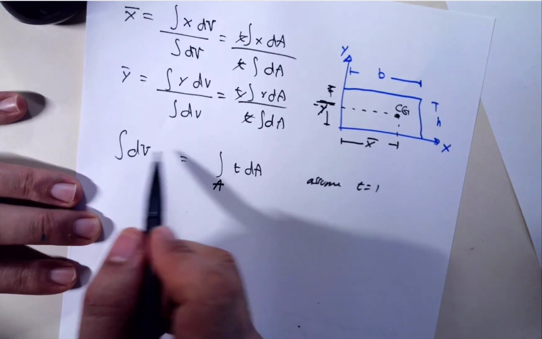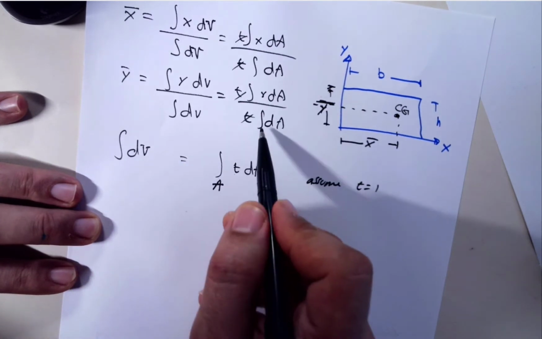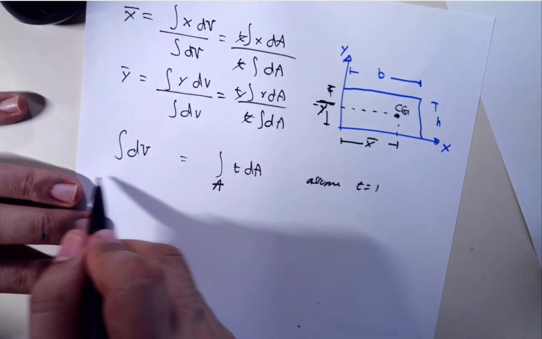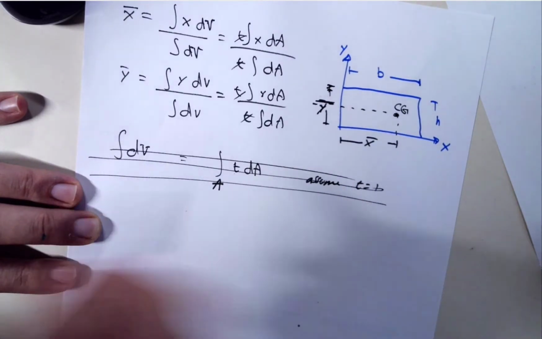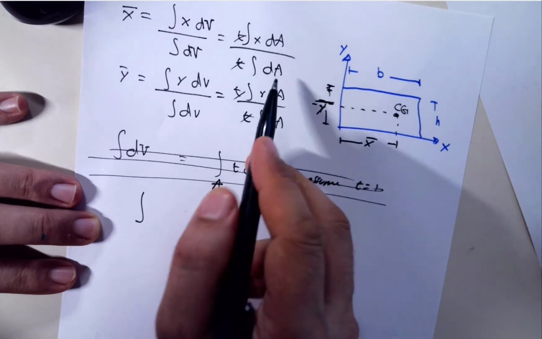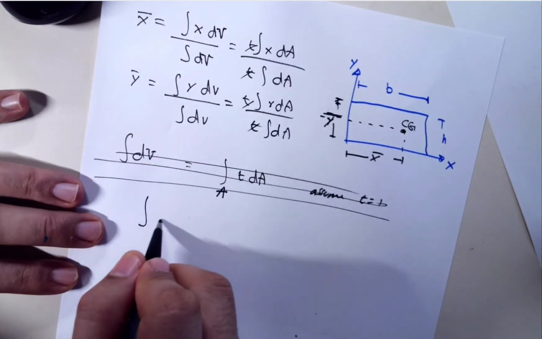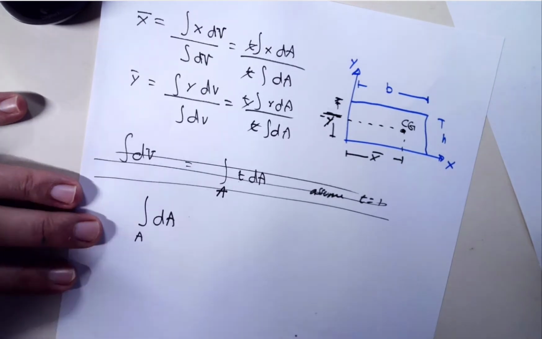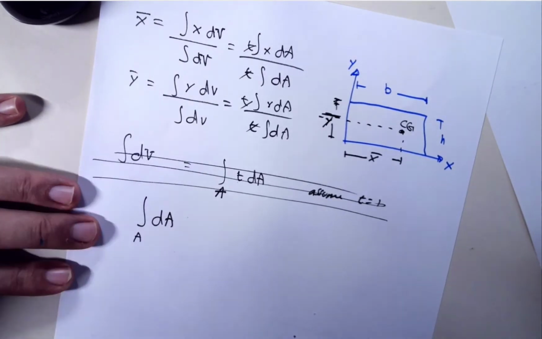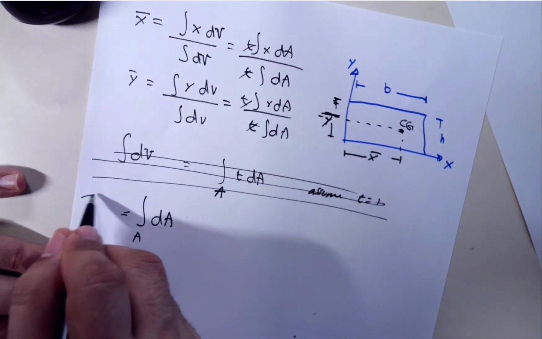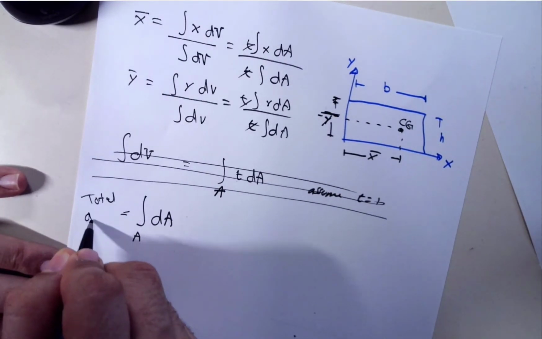So this means that the bottom side, I want to calculate the bottom side, right? So let's just ignore that for now. To calculate these quantities, I need first to know the integration with respect to dA, which is equal to the total area, right?